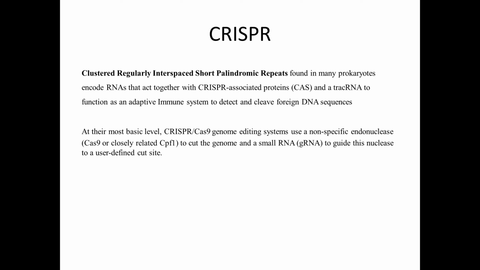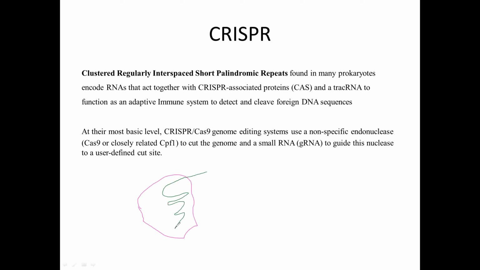Now, basically what all do you need for CRISPR? You need a protein, right? The protein is bound to what? Bound to a guide RNA. So you have an RNA molecule which is bound to the protein.